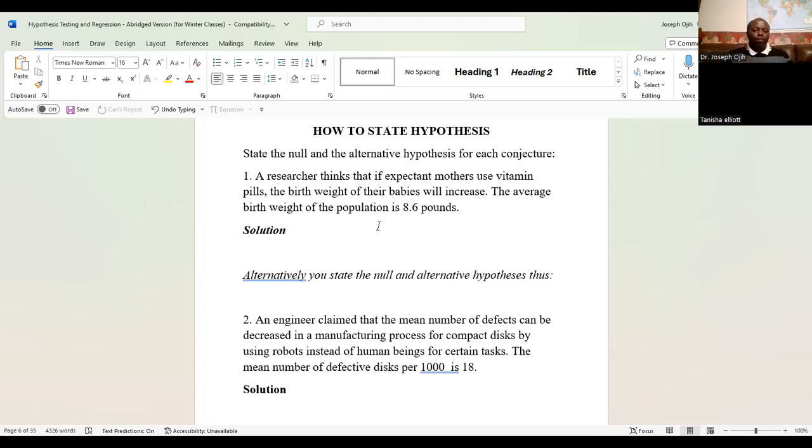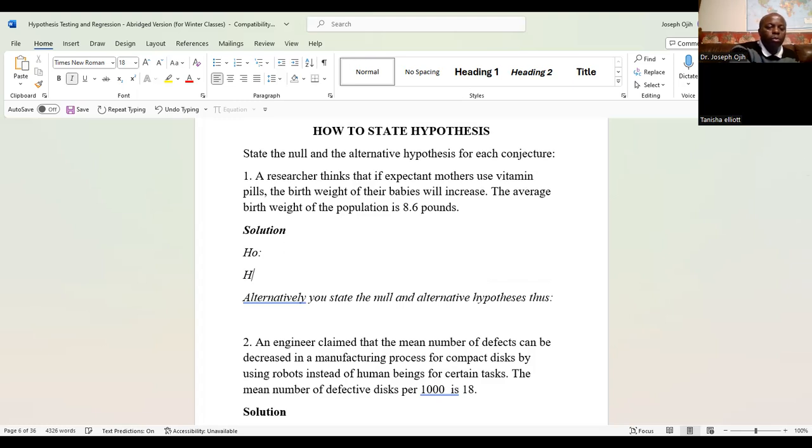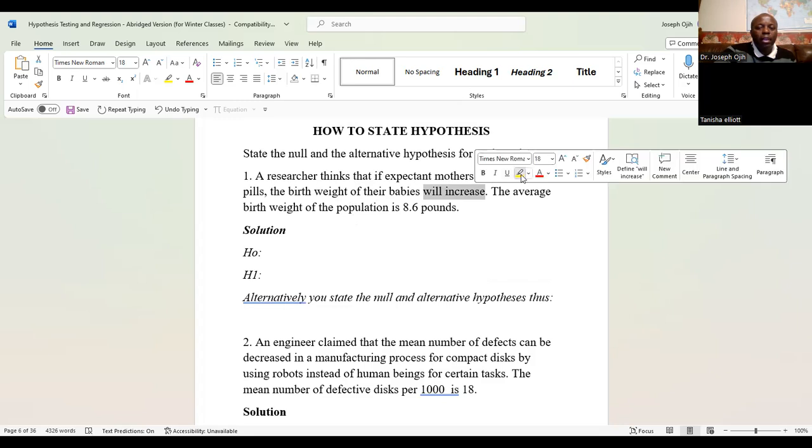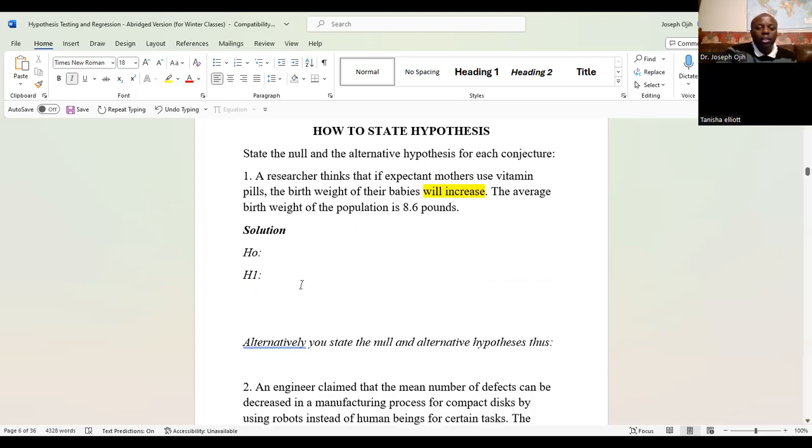So in this case, you have H0, which is the null hypothesis, and H1, the alternative. The keyword right here is "will increase," and increase means greater than, which can only be used in the alternative hypothesis.